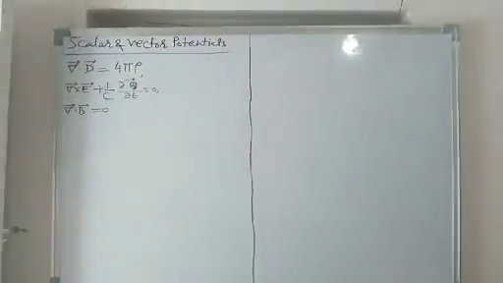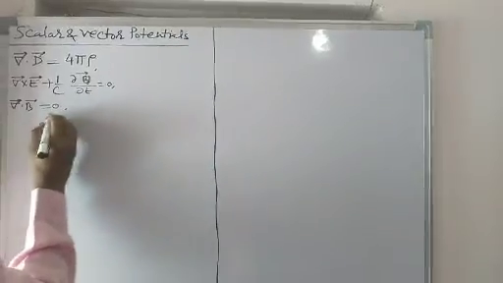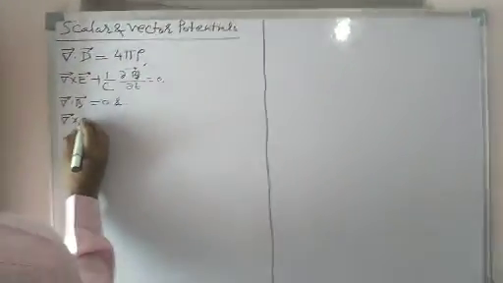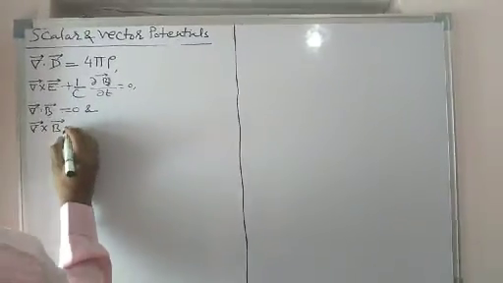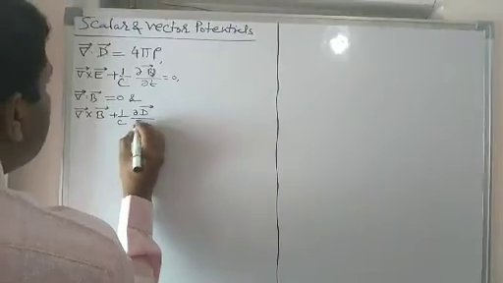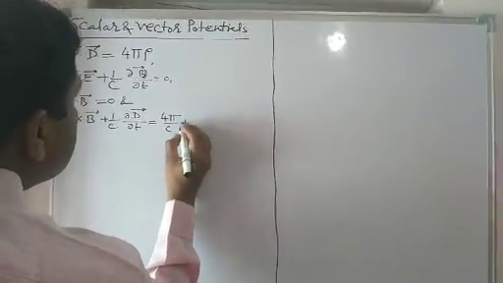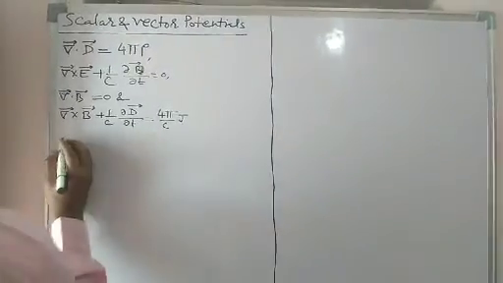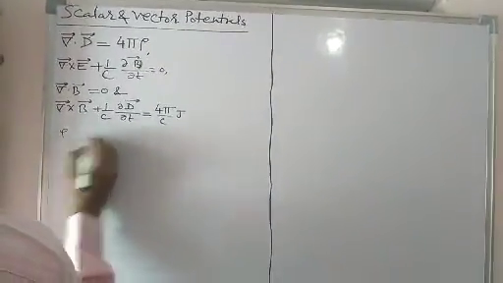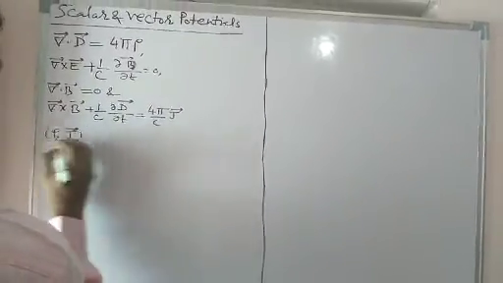That says that B is divergenceless. And also we have del cross H, the curl of H, plus 1 over c del D by del t is equal to 4 pi by c J. So remember, rho and J are the charge and current densities.